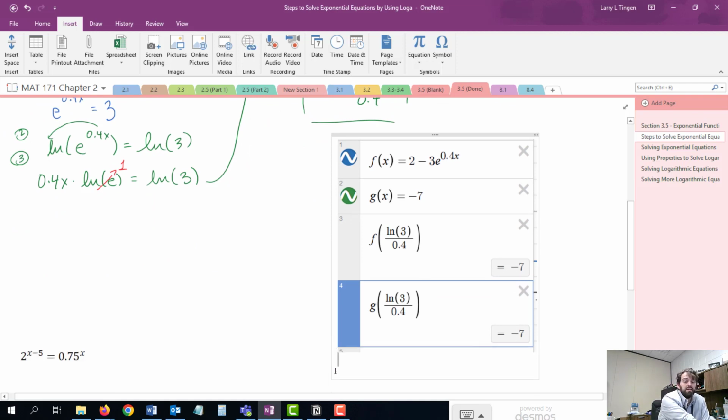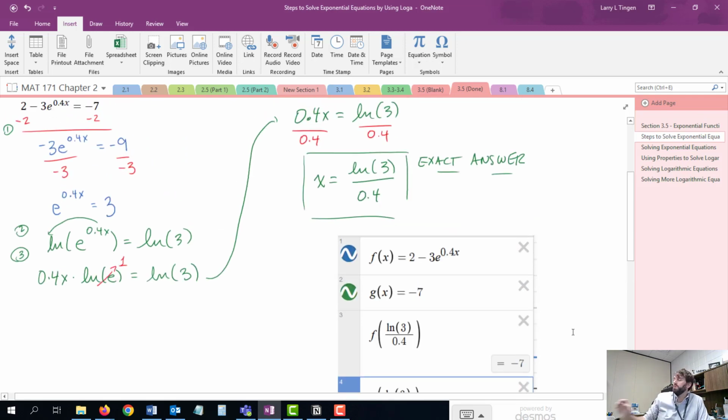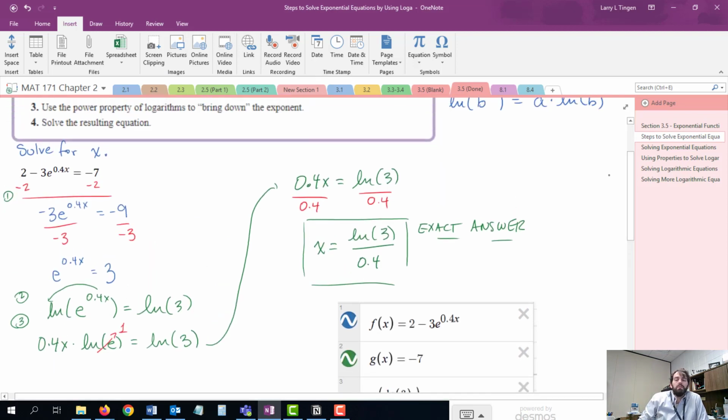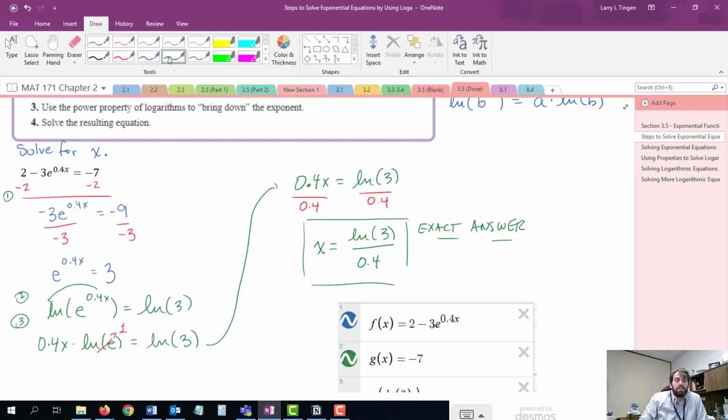If f and g do not give you the same result, it is an extraneous solution, which means we do not count it. Those typically result from unknowingly dividing by 0, or a step in algebra that makes the argument of a log negative, that kind of stuff. So what's my solution set look like?